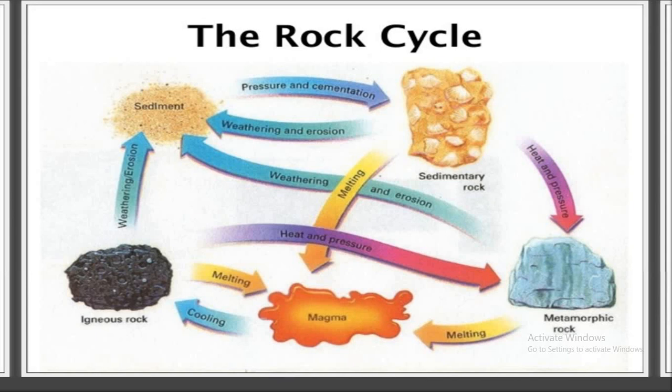And again the sediment, with high pressure and cementation, changes its form to sedimentary rock. When the sedimentary rock is subjected to heat and pressure, it turns into metamorphic rock.